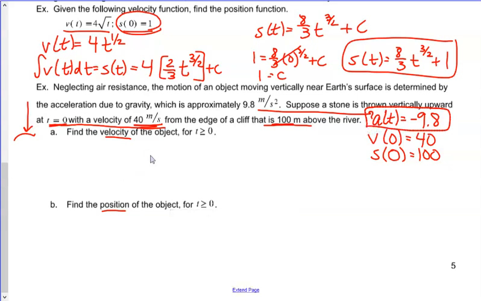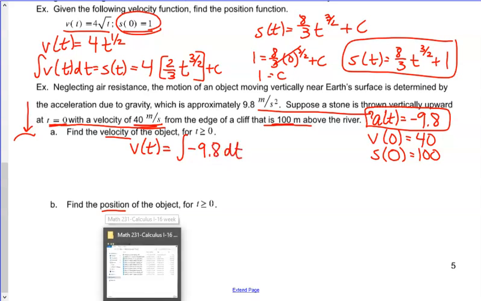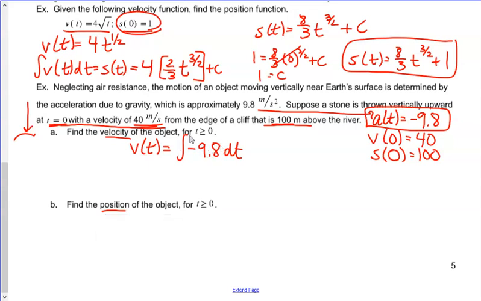So if a of t is negative 9.8, the velocity in terms of t is going to be integrating that function in terms of t. Now, you can pull the negative 9.8 out and just integrate dt. That's the case where, well, what did I get to take the derivative of in order to get negative 9.8? Well, that's negative 9.8t.